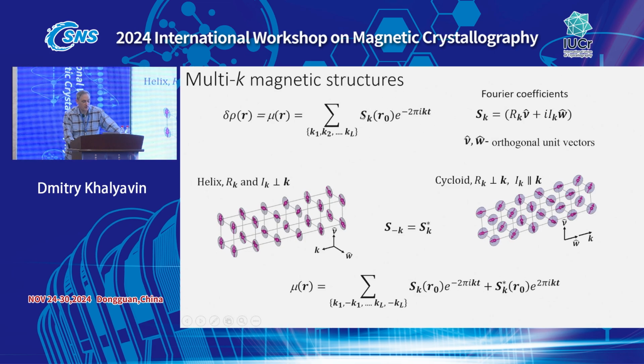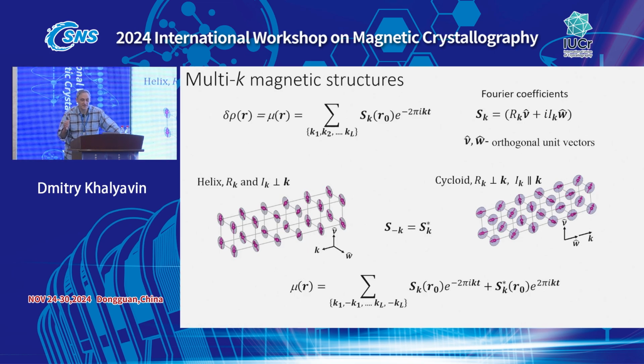FullProf, this Fourier coefficient, which is basically our function u in the Bloch function, in the magnetic case we call S. It can be a complex vector. Again, nothing complicated here.